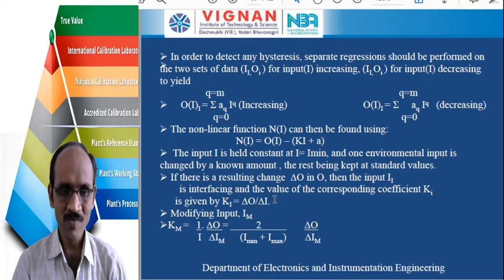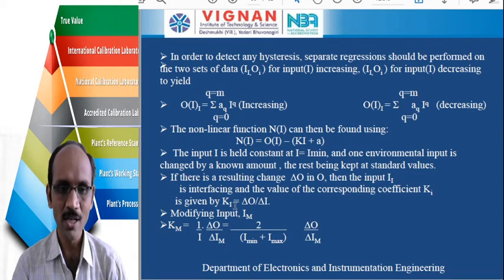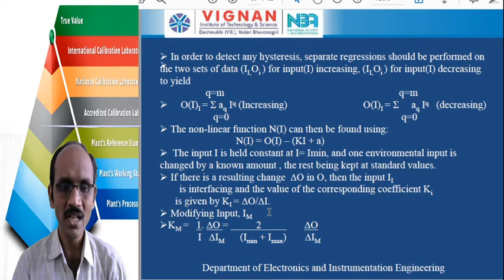The temperature, taken as the environmental input, has a coefficient Ki. Ki is a coefficient which gives the ratio of change in output to the change in environmental input temperature. In this way we study the effect of the other environmental parameters like humidity and moisture content on the change in the output.